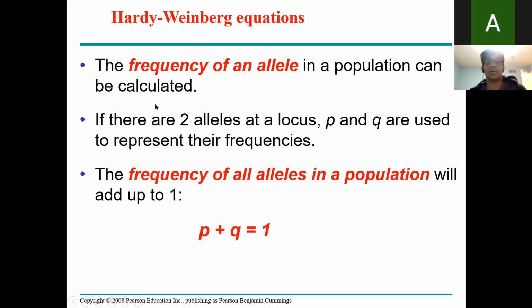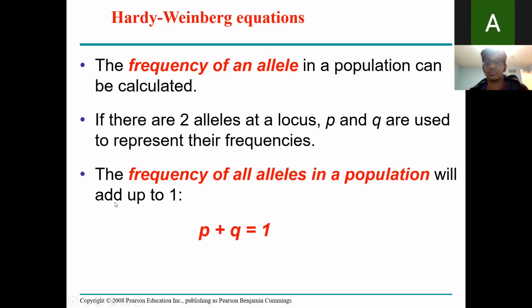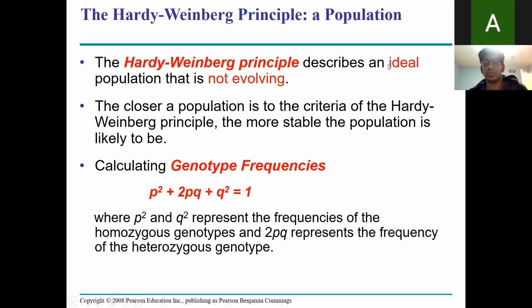The frequency of an allele in a population can be calculated. This is where the Hardy-Weinberg equations come into play. If there are two alleles at a locus, both of them of course add up to all the alleles, and in probability, everything adds up to 1. So you can say that the two alleles, p and q, add up to 1. If you square both sides of that equation, p plus q, quantity squared, you get p squared plus 2pq plus q squared equals 1.